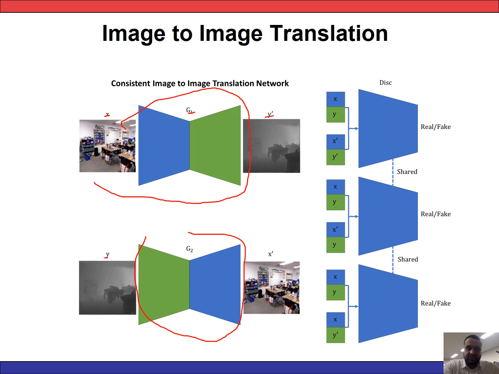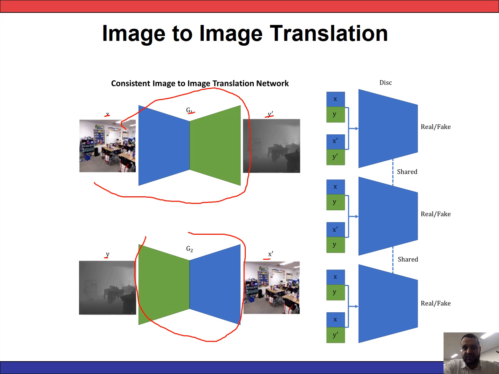Similarly, Y is the depth image as input to the second generator, and X dash is the generated real image from the G2 generator. There is actually a single generator, but it takes the input in different configurations.